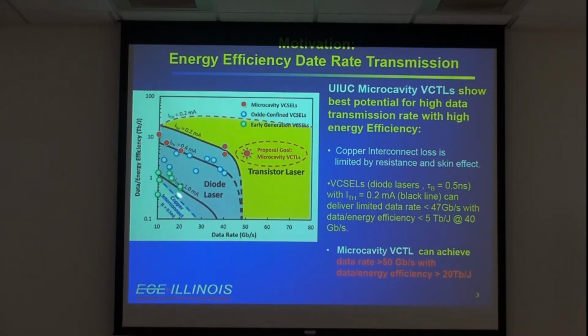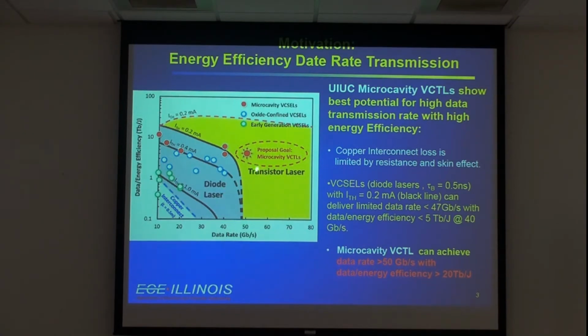As you can see, copper interconnect cannot surpass about 30G. This is just because you have a skin effect when you try to modulate at high speed, so you get a very lossy channel. So people try to use the diode laser, of course. The VCSEL is typical right now, pretty good for short distance communication systems.